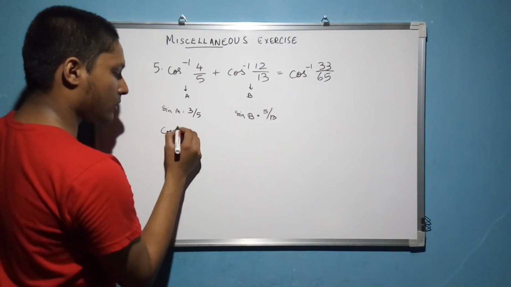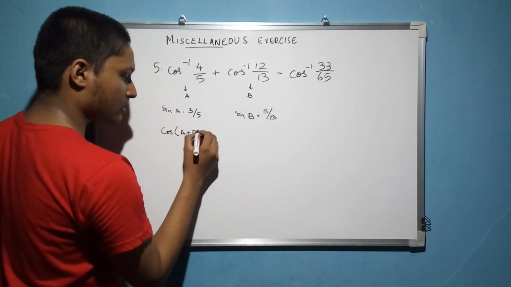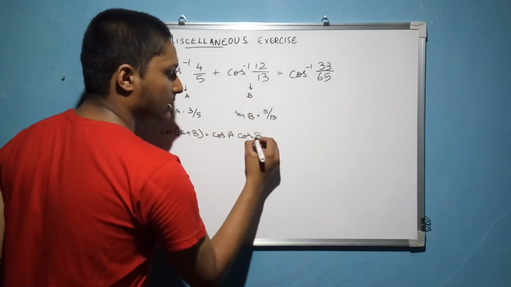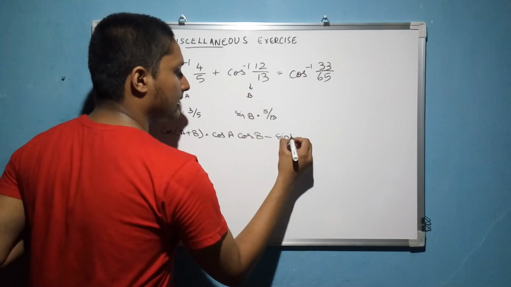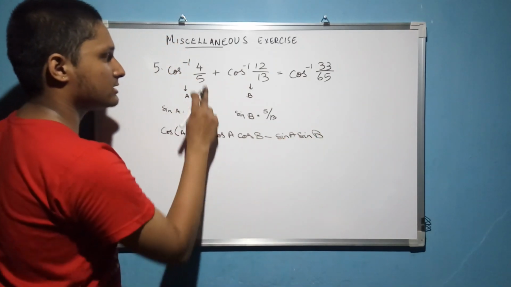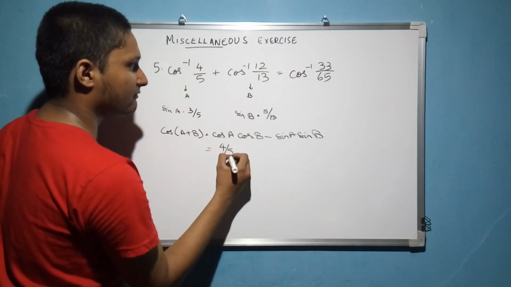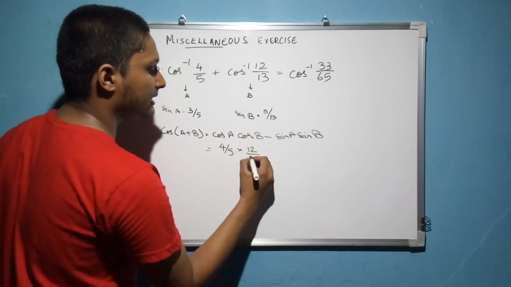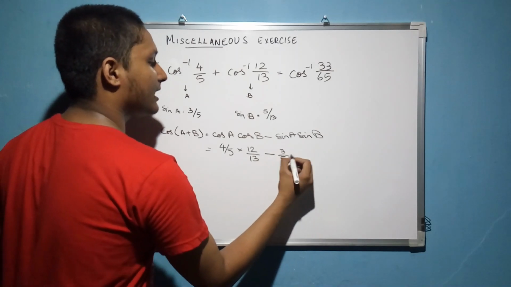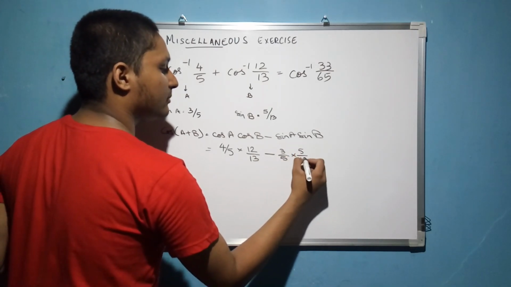So what is cos of A plus B? Cos of A plus B is cos A cos B minus sine A sine B. That is the thing what you're going to get. So just write this. That is 4 by 5 into 12 divided by 13 minus 3 by 5 into 5 divided by 13.